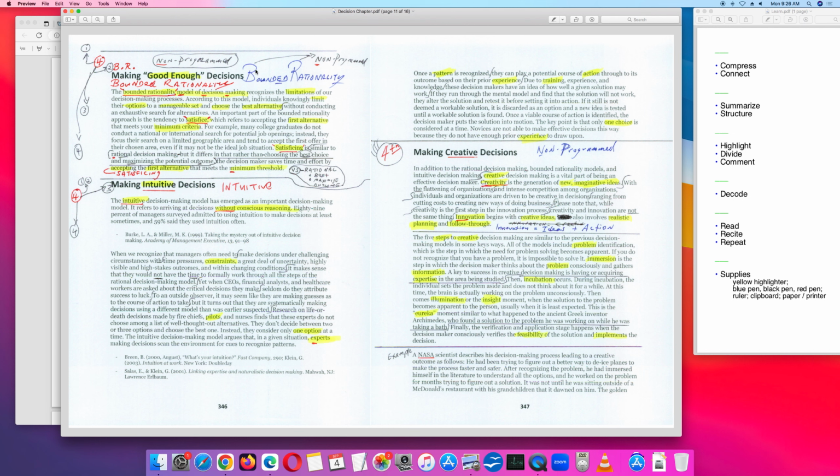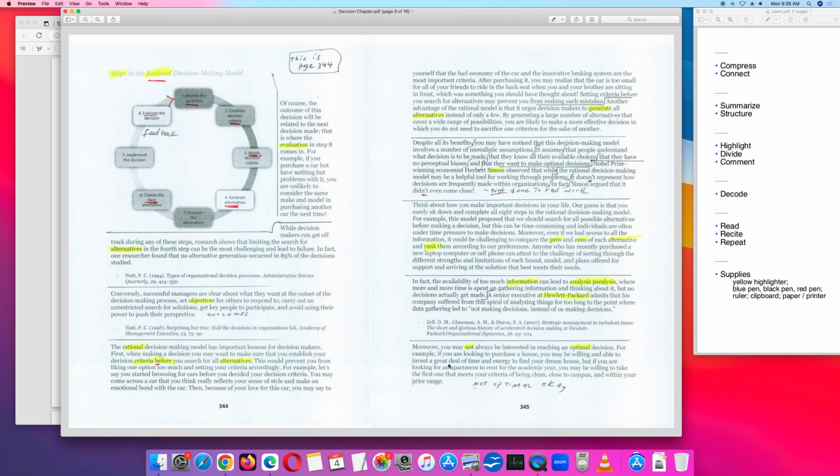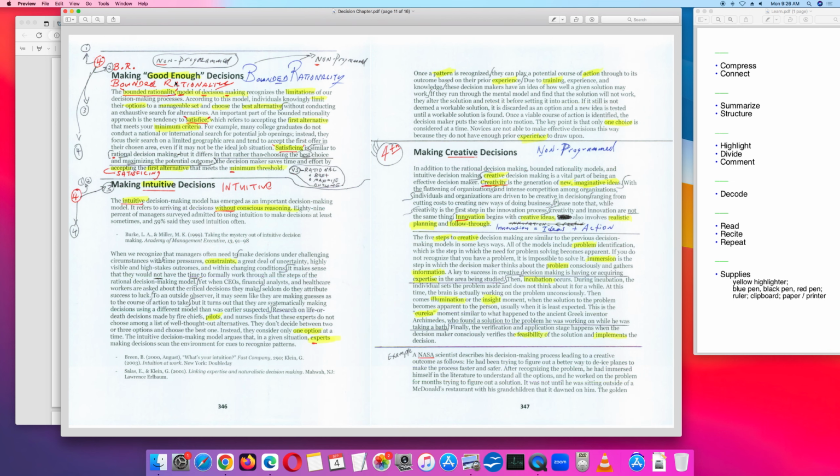That should have been emphasized in the heading too. So it should have been bounded rationality, parenthesis, satisficing. So this header is not very helpful. Well, it's helpful a little bit. And what's annoying is that on the previous page, 354, that last paragraph is talking about this topic. It should have just been lumped in there.